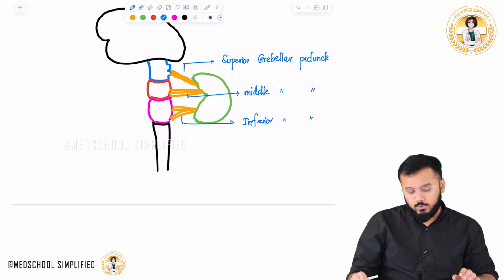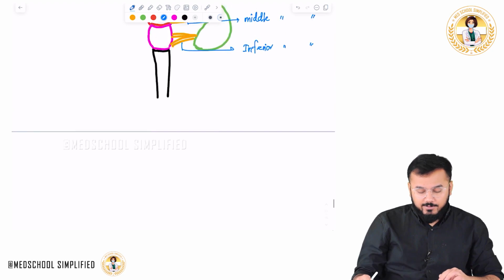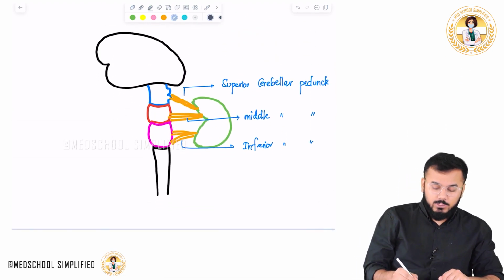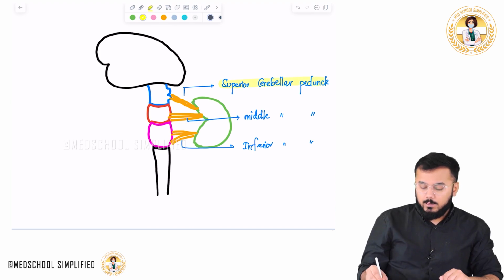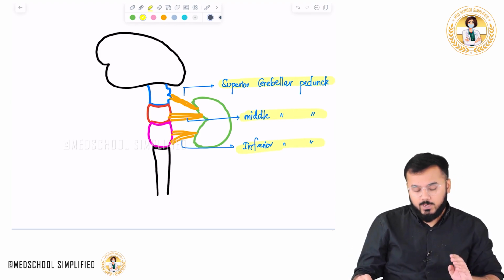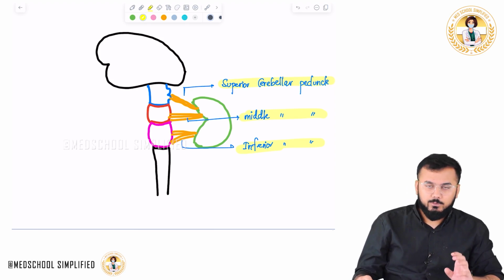So I just want you to know these three important things. These are the three cerebellar peduncles, one coming from the midbrain, one coming from the pons, and the other one coming from the medulla oblongata. They are holding the cerebellum in position.